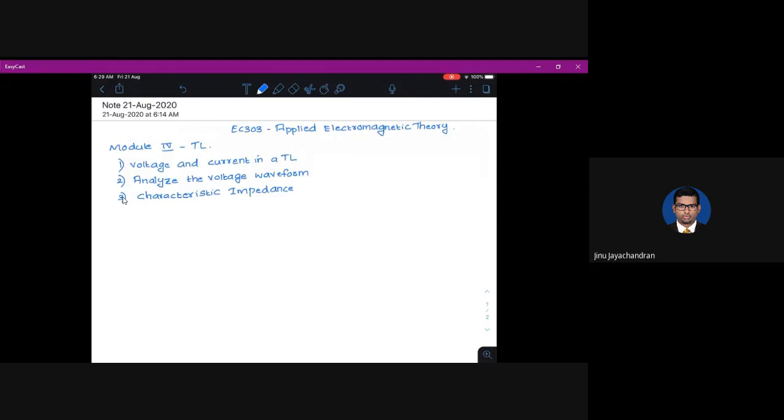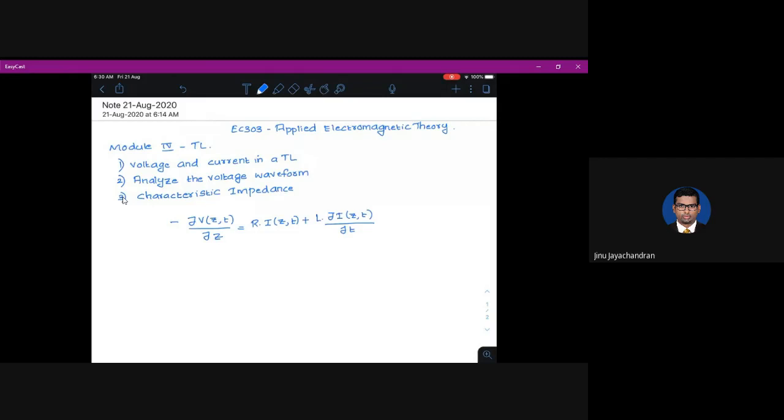So our equations were minus dou v of z comma t by dou z is equal to r into I of z comma t plus L into dou I of z comma t by dou t. This is first equation.